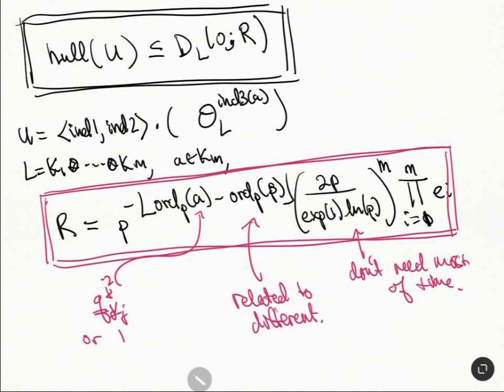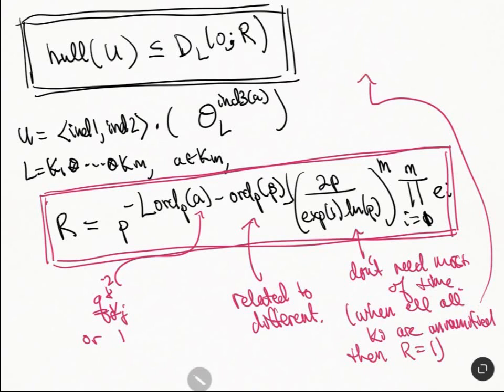Okay, in particular, let's say all the ki's are unramified, then R is equal to 1.